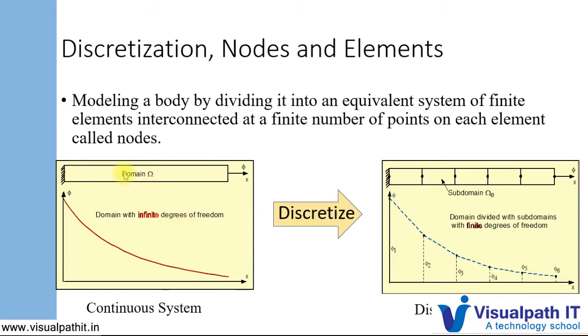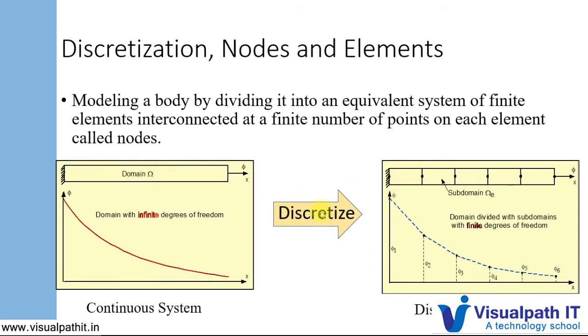Since the number of divisions I can make on this continuous domain is infinite, we will have an infinite number of degrees of freedom for this domain. So based on our need, we will be dividing this domain into a finite number of elements.